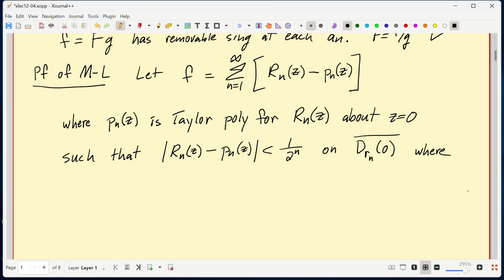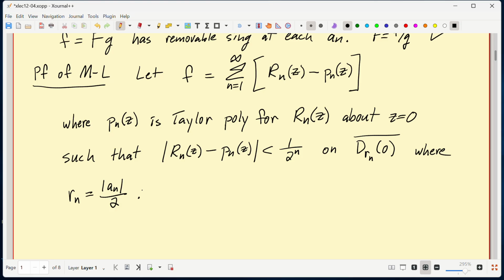Remember, power series converge uniformly on compact subsets, so we'd have uniform convergence on that, and I can make it less than 1 over 2 to the n, where Rn is the modulus of an divided by 2. The pole is at an, so Rn would be analytic in there, and I could get uniform convergence on that smaller disk.